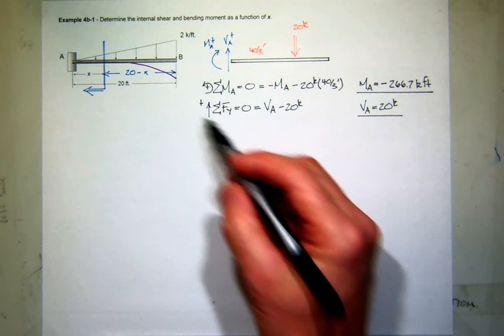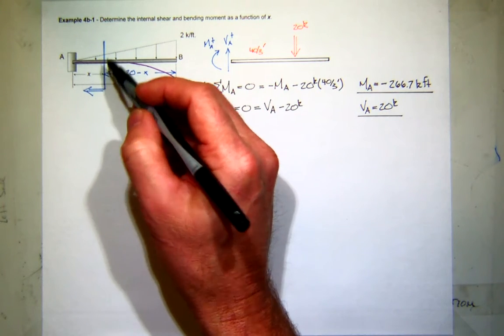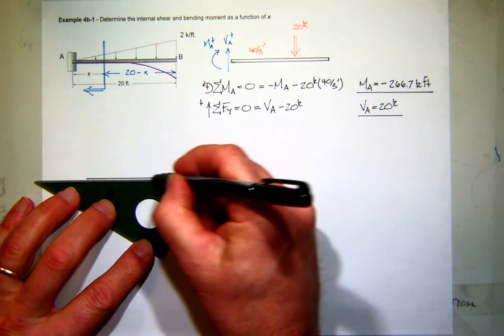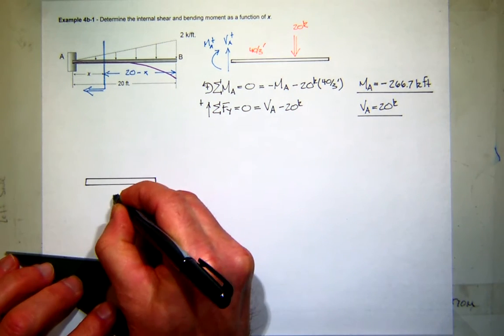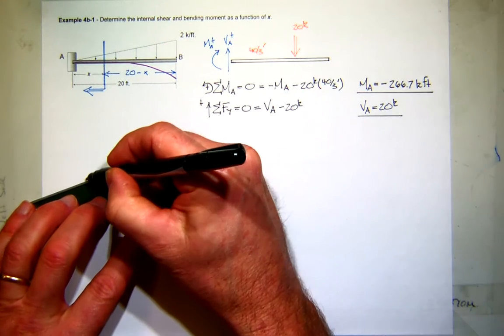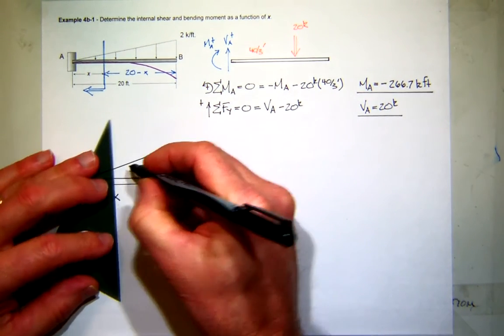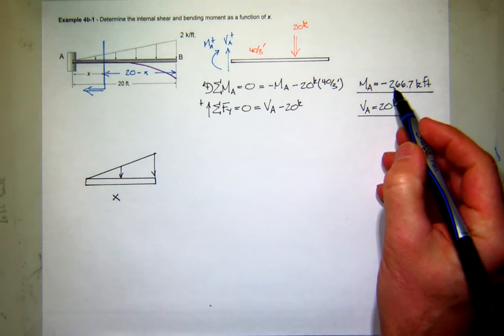Okay. So now I'm going to cut the structure. I'm going to blow this up so it'll be a little easier to see. So I'm going to cut the structure at this segment. So there it is at some distance x. I've got a triangular load, and I've got the values that I've just determined.